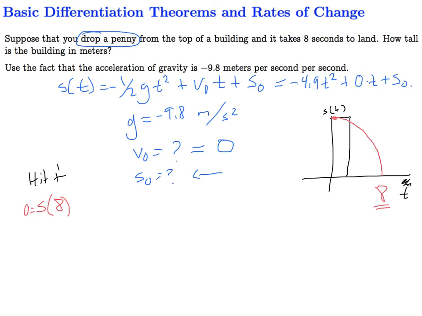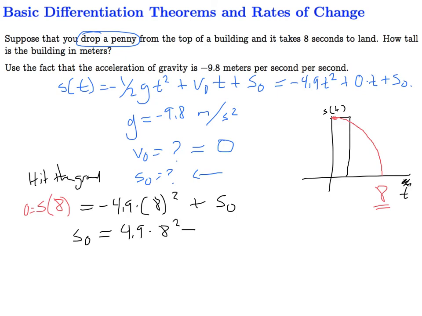So I know that if I put 8 into my function, it's going to hit 0, because this means I hit the ground. So s of 8 will be equal to negative 4.9 times 8 squared plus my original height. Now I can figure out, using a little bit of algebra, that my initial height is going to be 4.9 times 8 squared, which happens to equal 313.6.